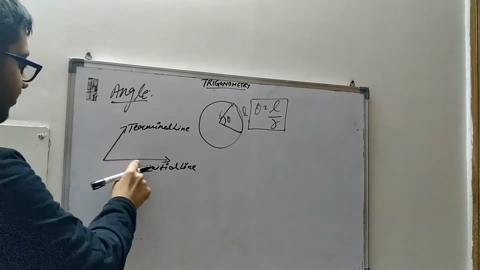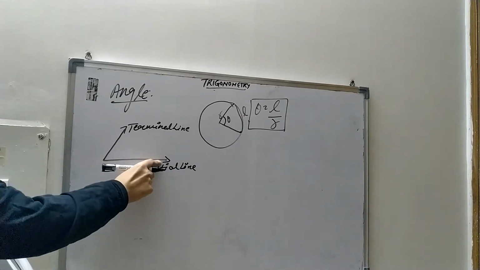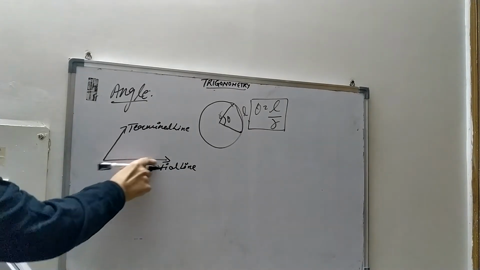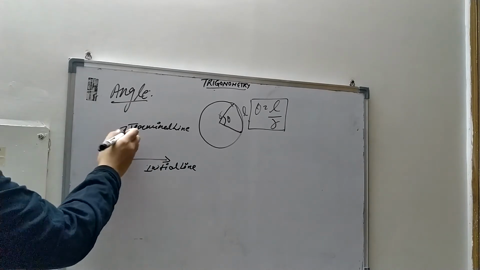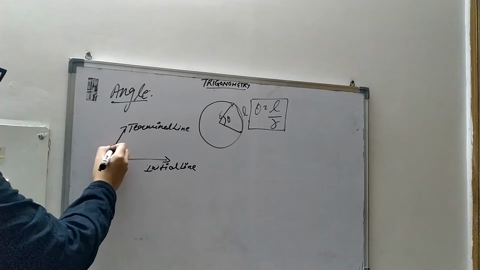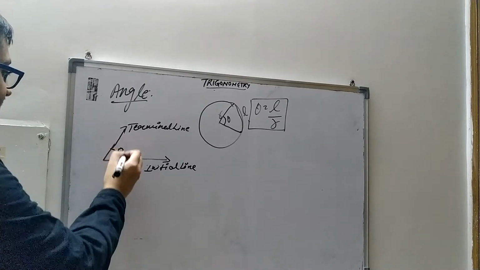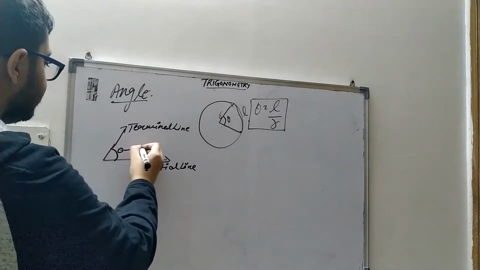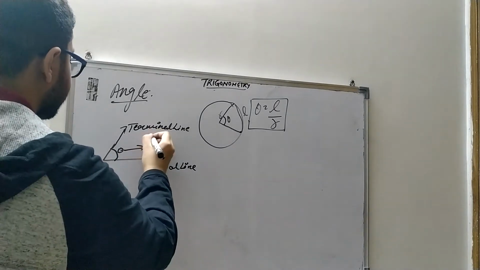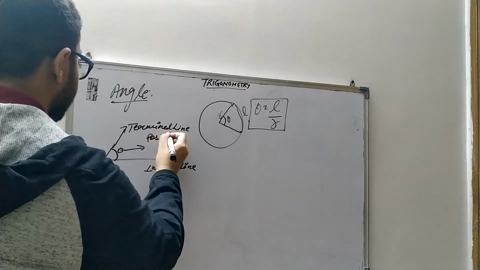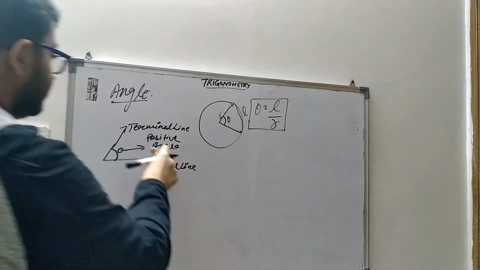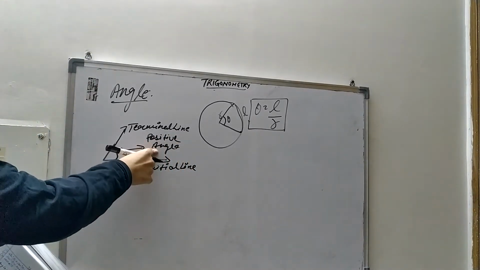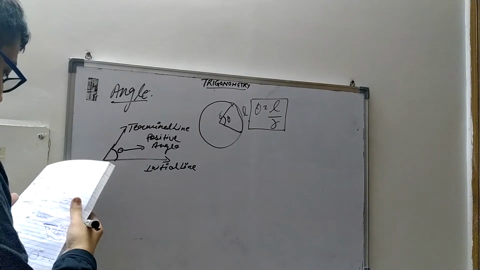This is the initial point, the point where the line starts, and this is the terminal point where the line ends, and here we swept angle theta. So the nature of the angle will be positive.